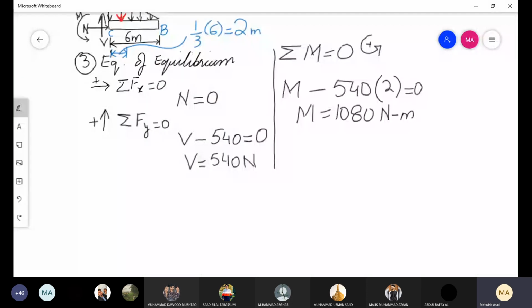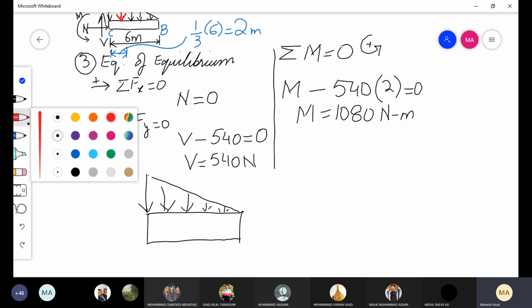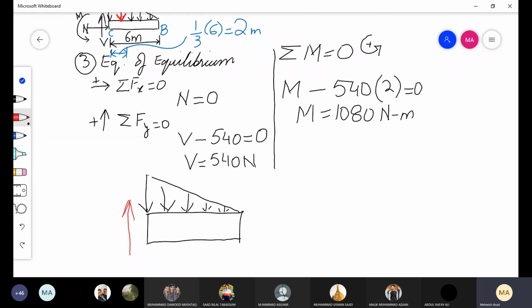You can redraw the diagram showing the forces at point C. So the internal forces are shear, that is 540 Newton, and moment, that is 1080 Newton meter.